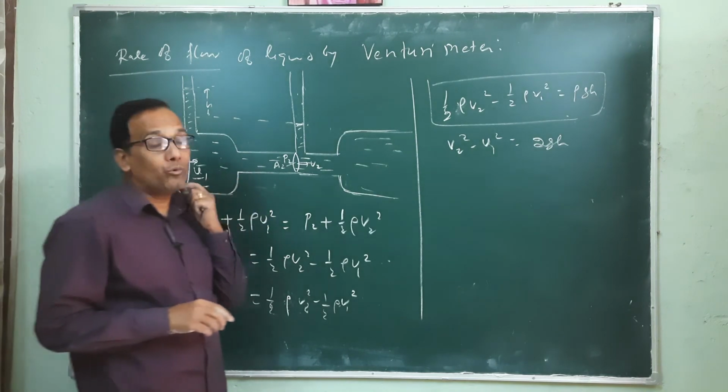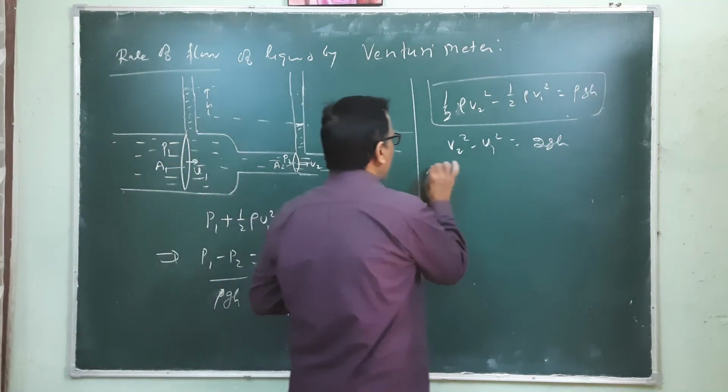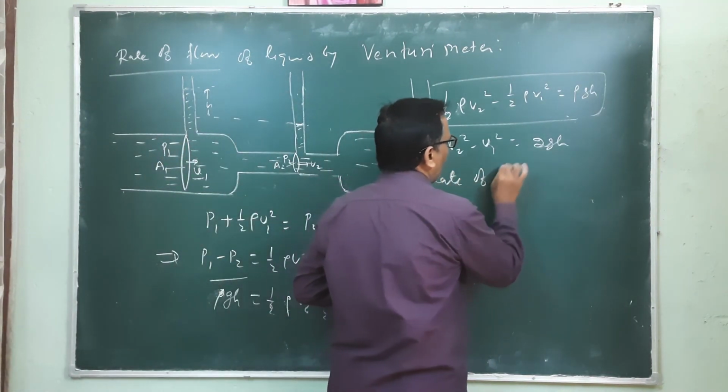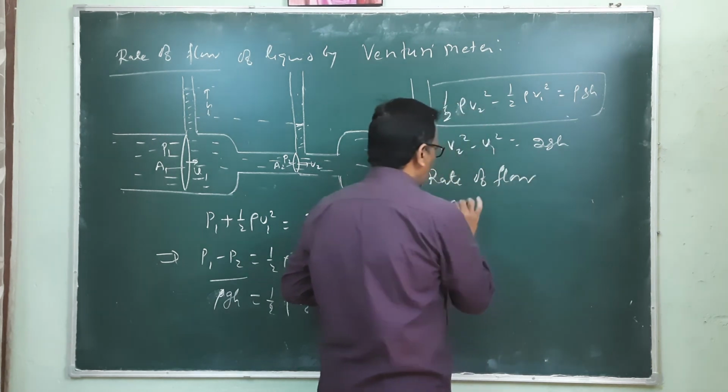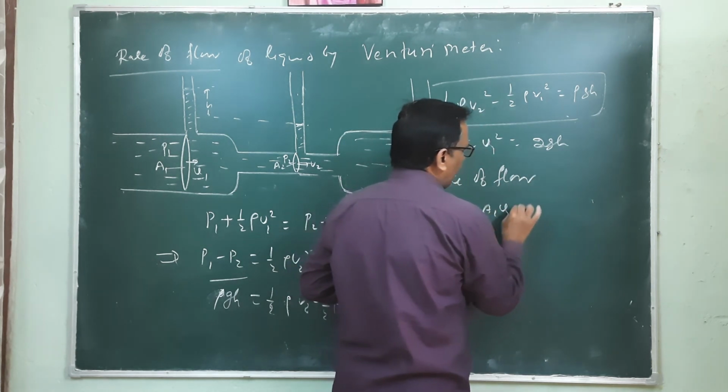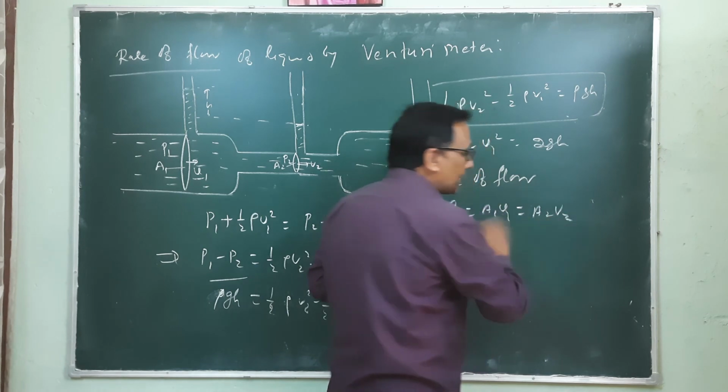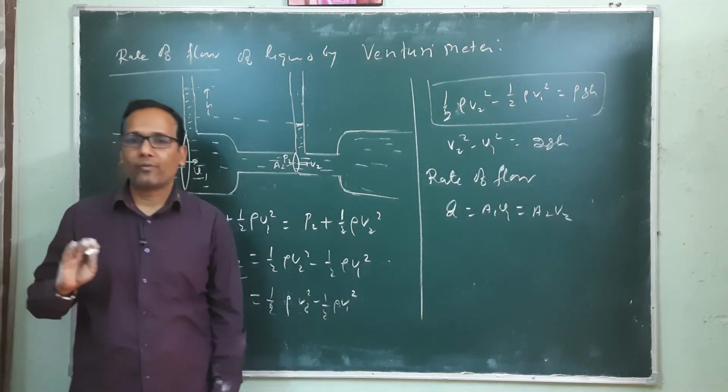You can calculate Q, the rate of flow. So the rate of flow Q is equivalent to A1 V1, which is equivalent to A2 V2. This continuity equation gives the rate of flow.